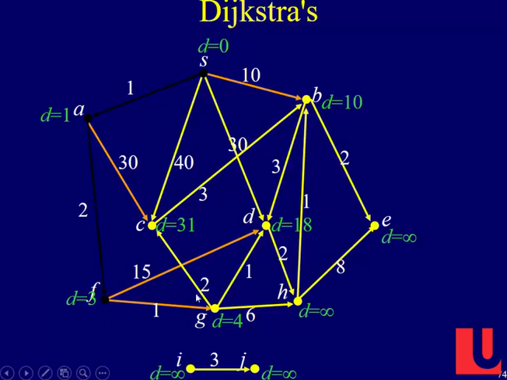So then we look at the next d, which is 4, right? And we update it, right? 4 to here is 4, plus 1 is 5, so that's better than the 18, right?